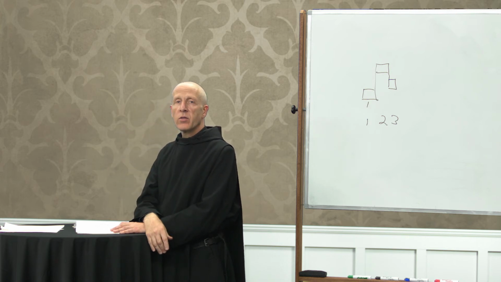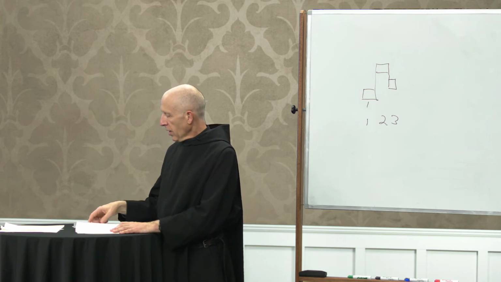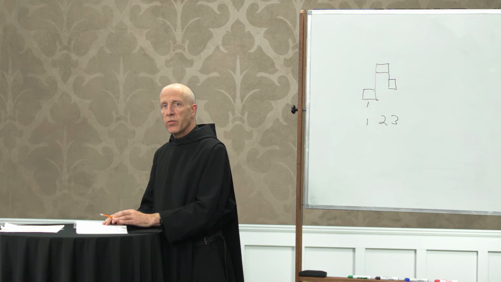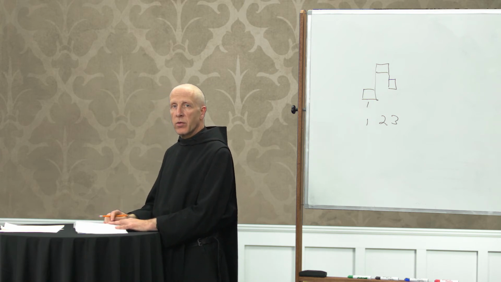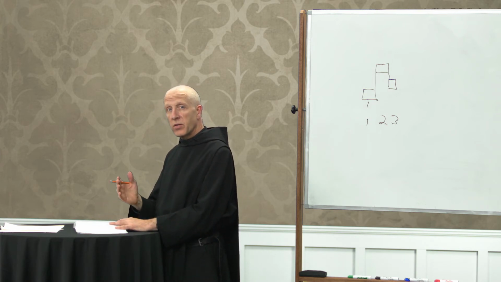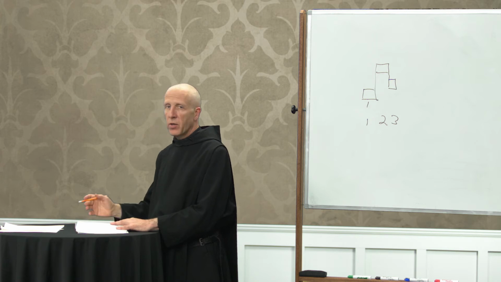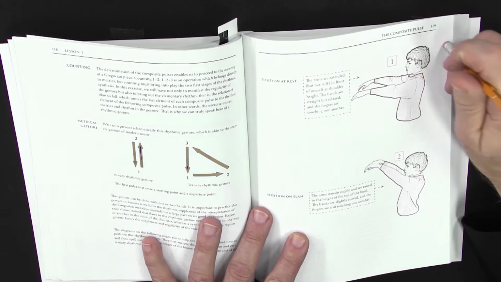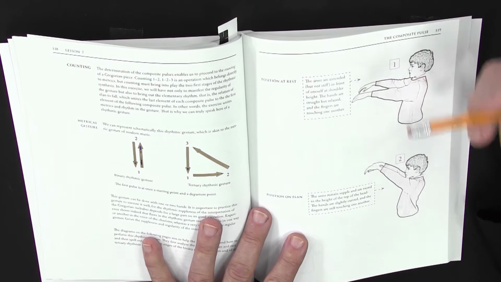Now these gestures can be made with both hands or just with one hand. We're going to first learn how to do the gestures with both hands and then with one hand. The manual gives you diagrams showing you the basic movements. First of all, we go through on page 119 the position at rest.